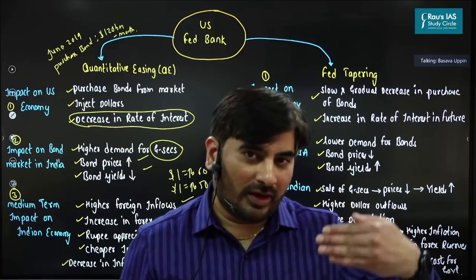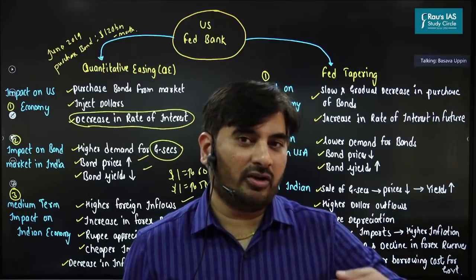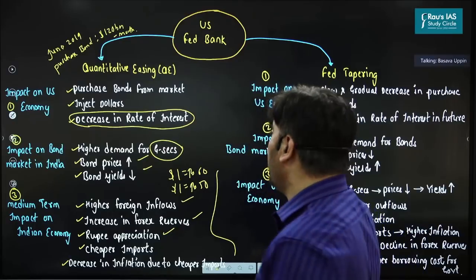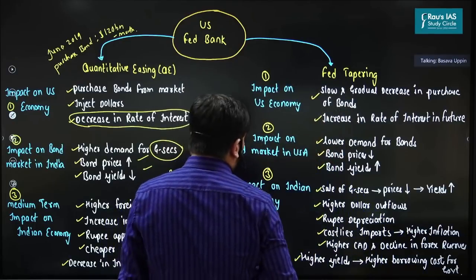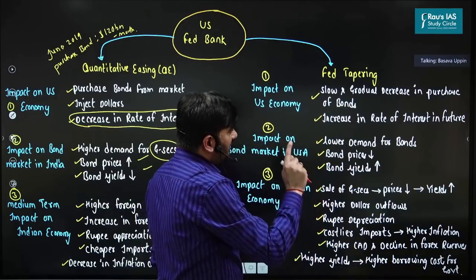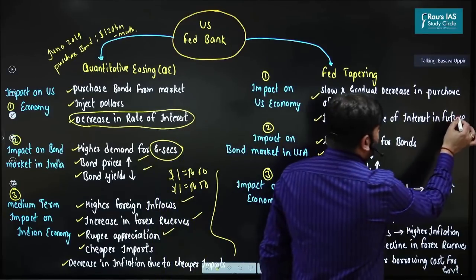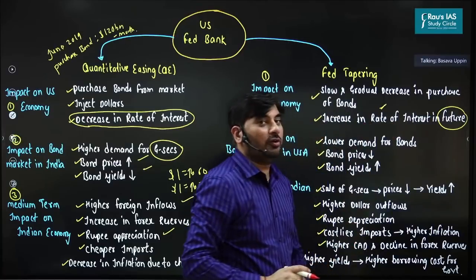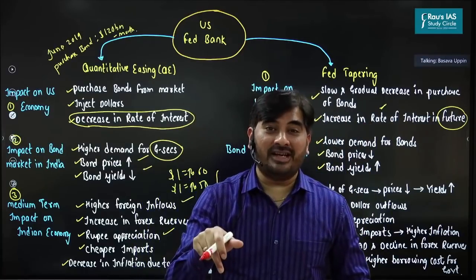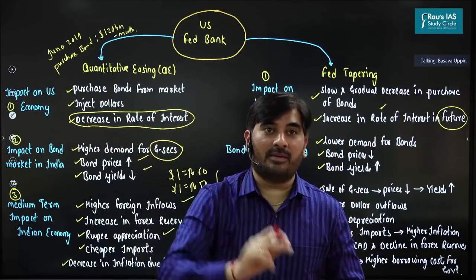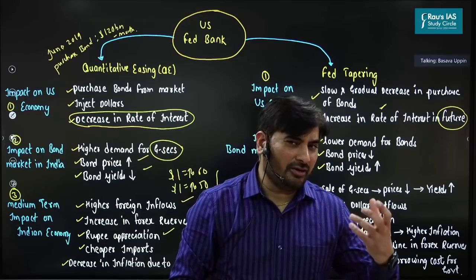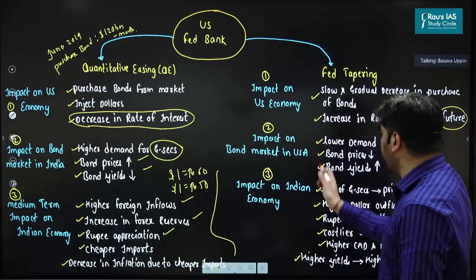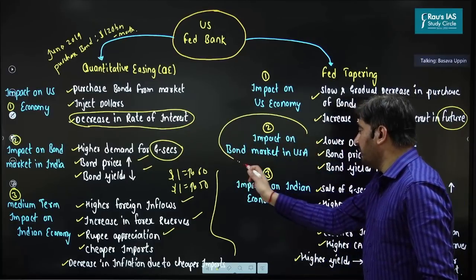Say from $120 billion, we'll bring it down to 100, 100 to 80, 80 to 60. That we call Fed tapering. So because of this Fed tapering, in future, the rate of interest in the US economy will increase, not immediately, in future. So please remember this. And if rate of interest in the US economy is increasing, how is it going to impact the bond market? Let's understand.